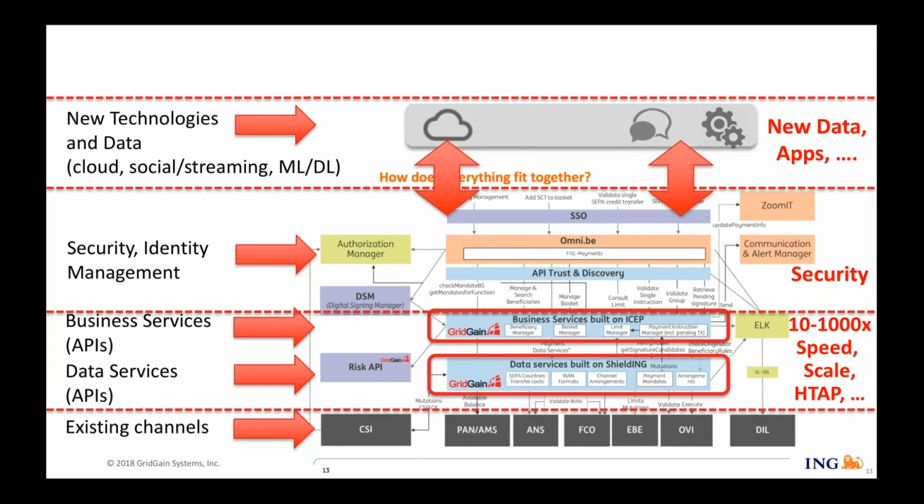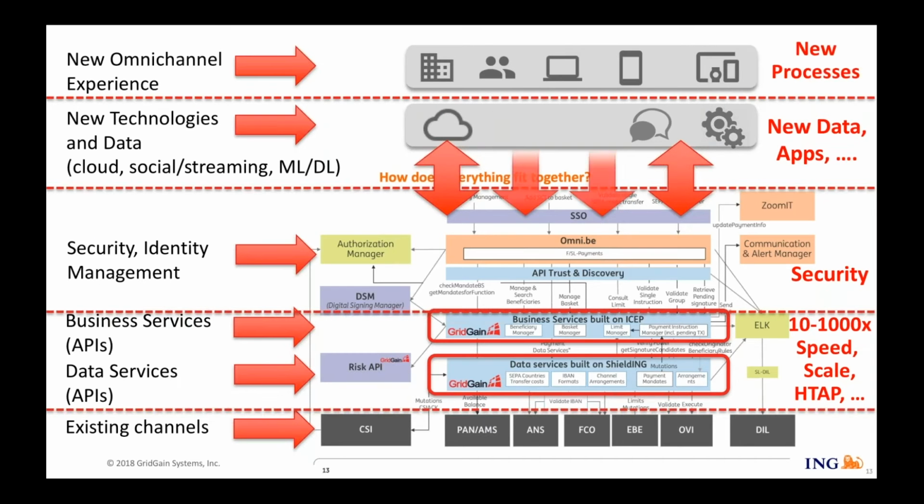You might need to combine them with some cloud services. You might need to bring in some data from the outside world that's tracking the customer, that's giving you social information about the customer to help you make better decisions. On top of all that, you're building the better omni-channel experience. Then you're assembling new processes, combining your on-prem and your cloud, making better decisions with all that data.